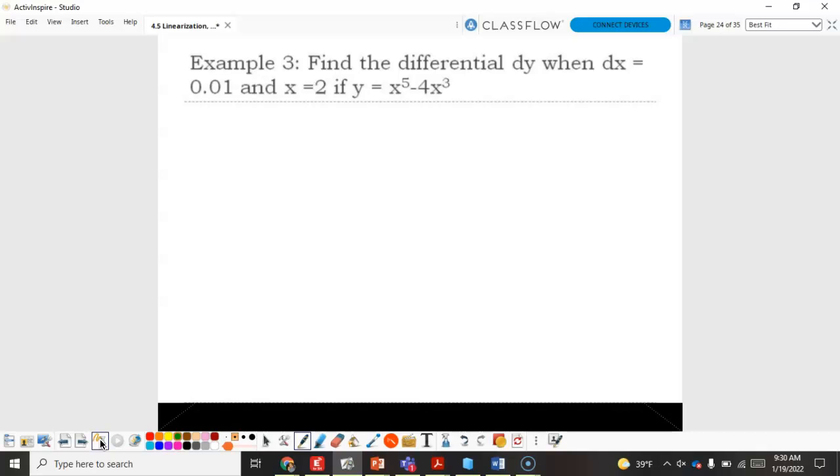So what we need is dy/dx, so I need my derivative. The derivative of x to the 5th is 5x to the 4th, minus 12x squared. And if we're trying to find the differential dy, we're going to multiply by dx.